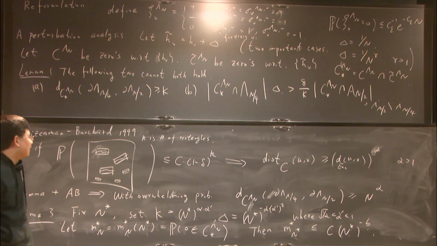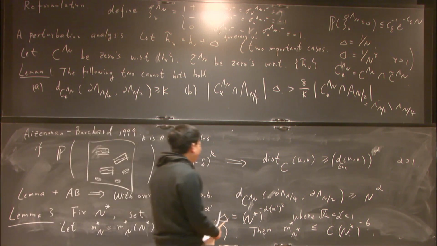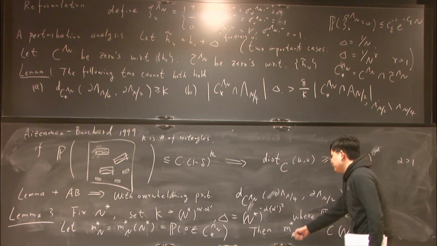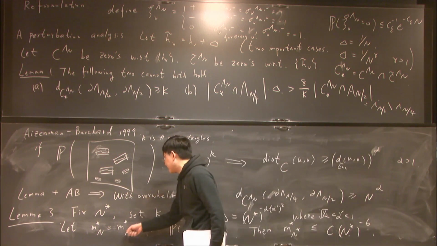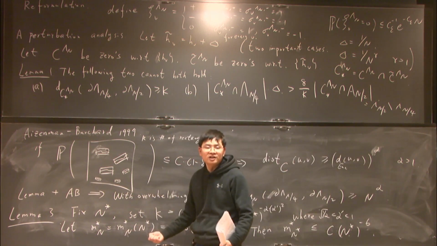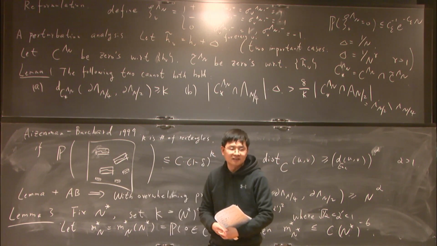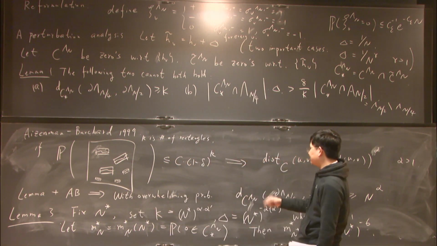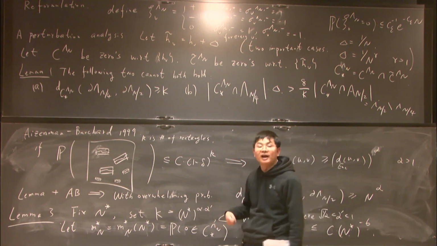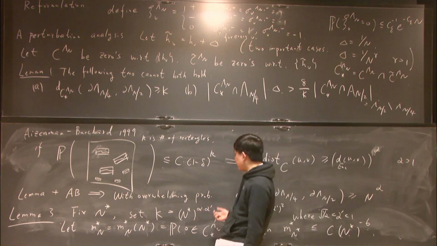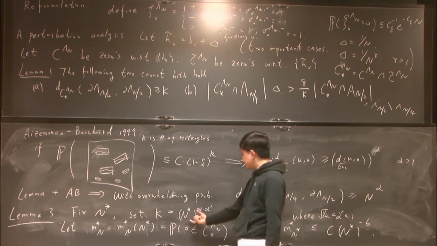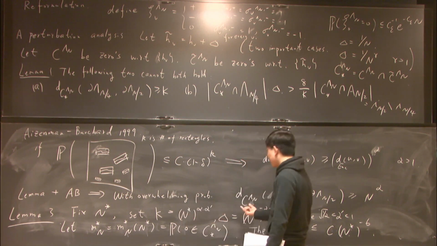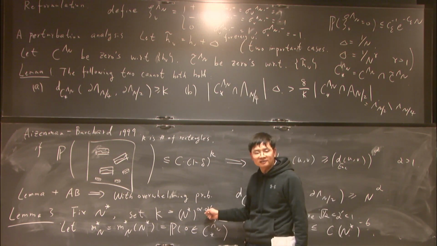In order to prove this, I just need to show that if you compare m n over m n over 2, you decrease by a large factor, and I can consider this for m between n star to some power alpha prime and n, and for all these n's, the k is at least this. The distance is at least this, which is large enough because the power is larger than 1.